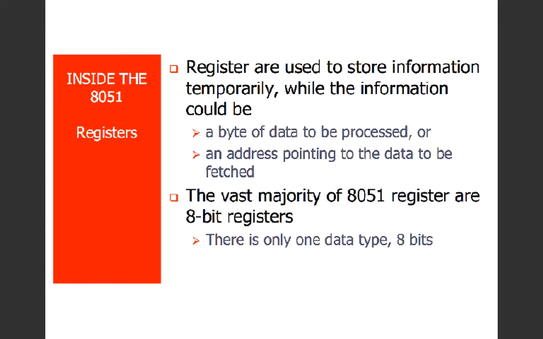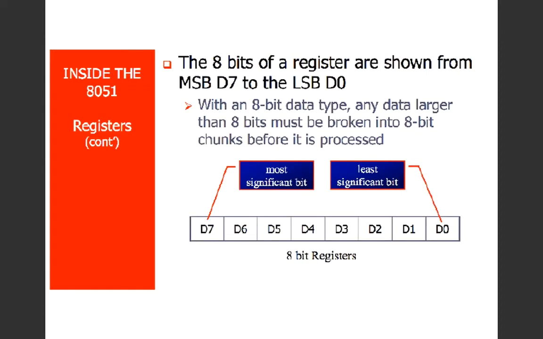There is only one data type, 8 bits. The 8 bits of a register are shown from MSB D7 to the LSB D0. With an 8-bit data type, any data larger than 8 bits must be broken into 8-bit chunks before it is processed.